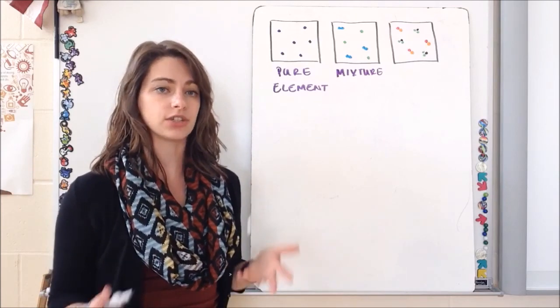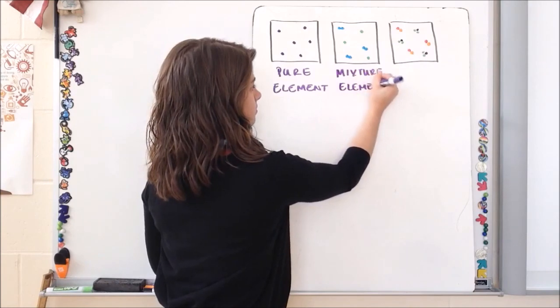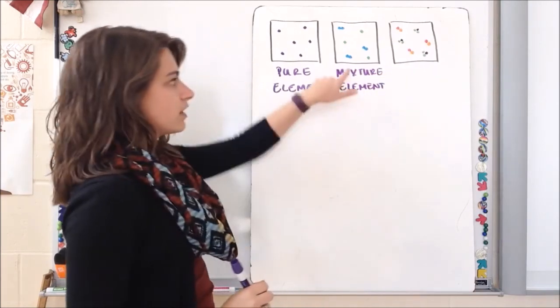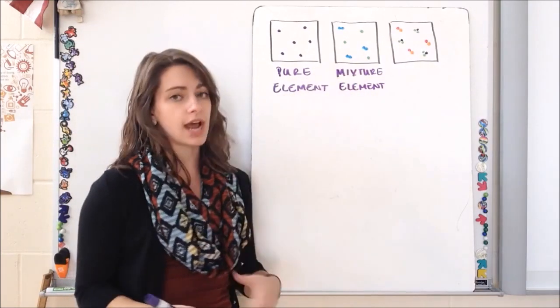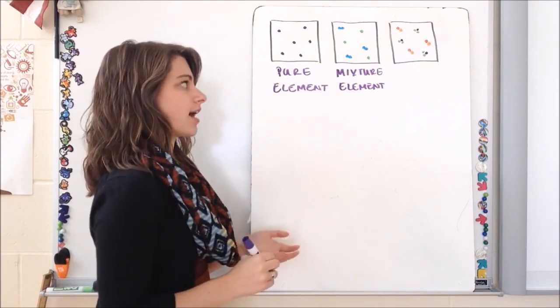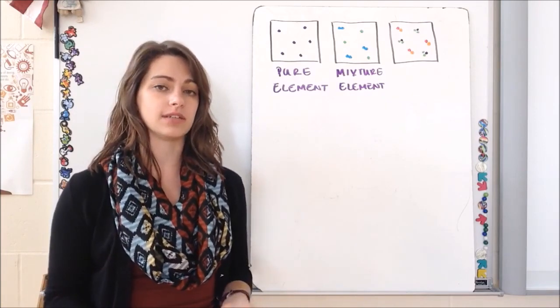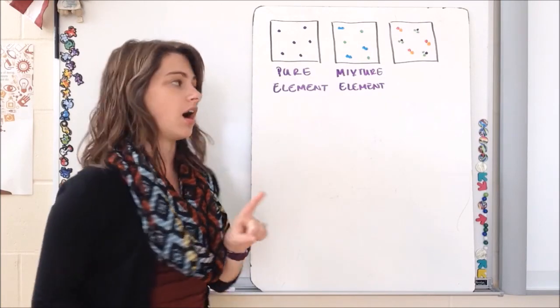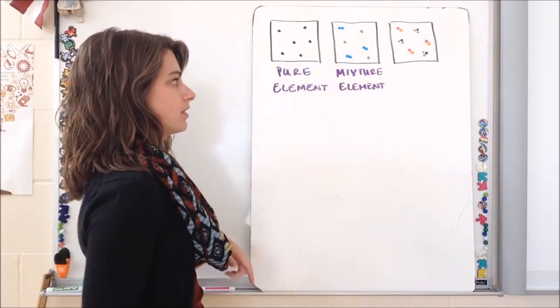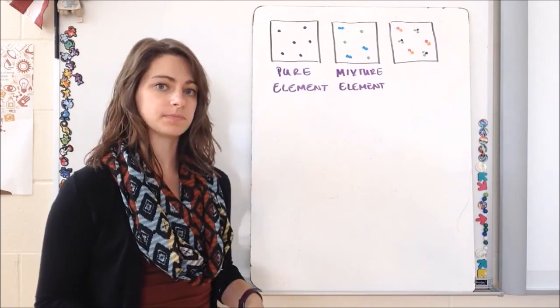So we know that our mixture has at least elements in it. Now my blue dots are still only made up of blue dots, so that falls under our category of diatomic elements. It's still just an element because it only has that one type of material to make up that whole particle. So this is a mixture of elements.